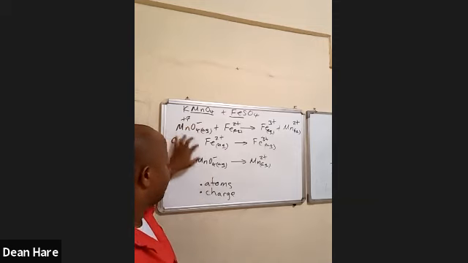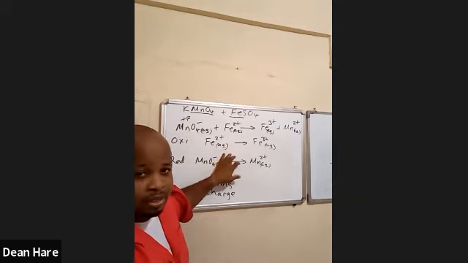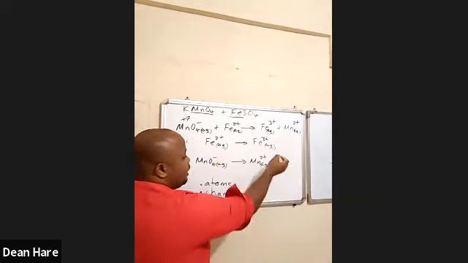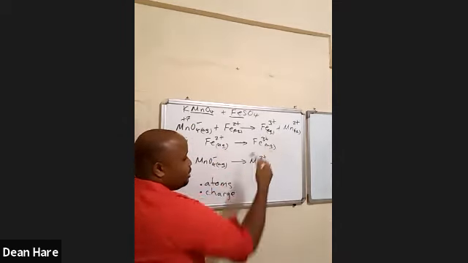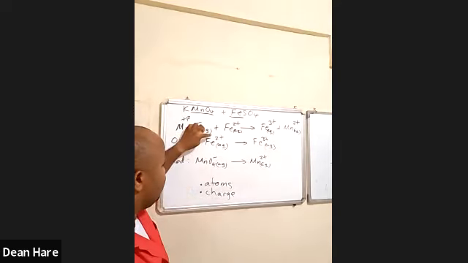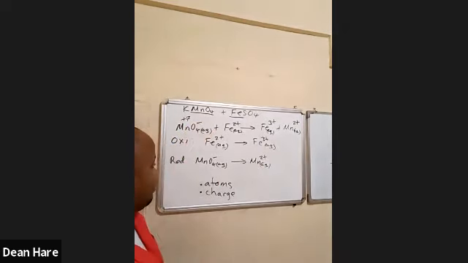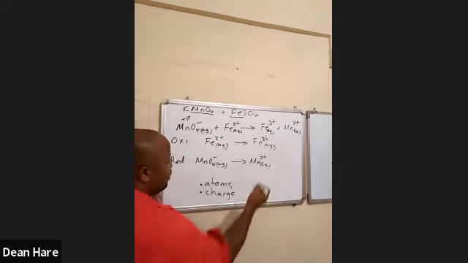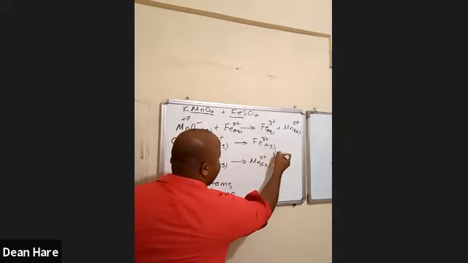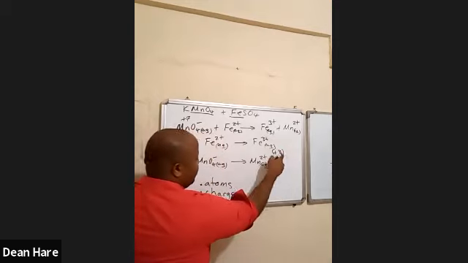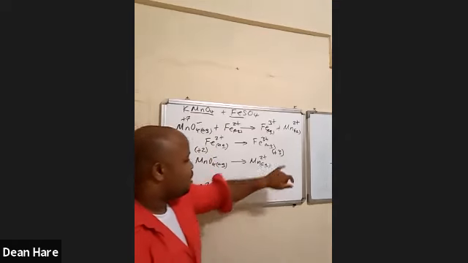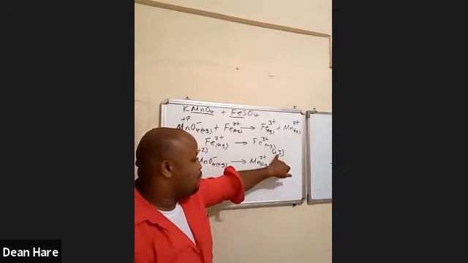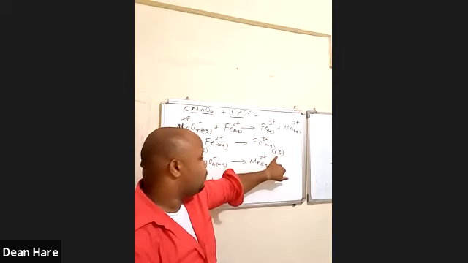So at the moment, we have +3 on the product side, but +2 on the reactant side. So that means we need to bring down +3 to +2.